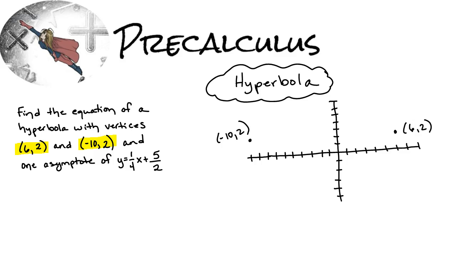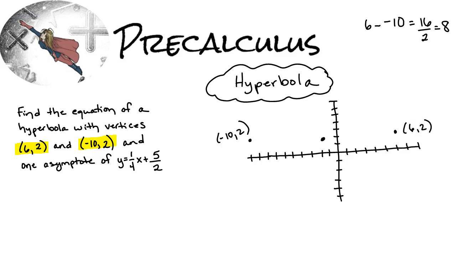Their y-coordinate is 2 for both of them, so I would just subtract the x-coordinate 6 minus the other x-coordinate negative 10, which gives me 16, and then halfway across, so if I divide that in half, would be 8. So I've got to count 8 from either of the vertices. So maybe we'll go from negative 10, counting 1, 2, 3, 4, 5, 6, 7, 8 units. That will take me to the center.